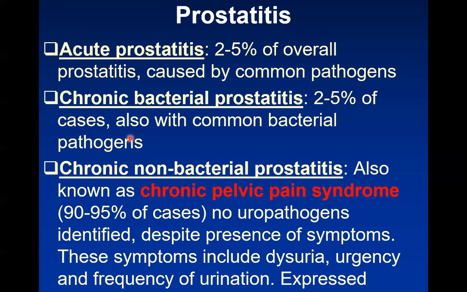The problem with prostatitis is that if you treat it incompletely, it's going to act as a reservoir of bacteria. And as a result, it's going to result in infection somewhere else in the GU. So someone with acute prostatitis that has not been treated will become chronic bacterial prostatitis.